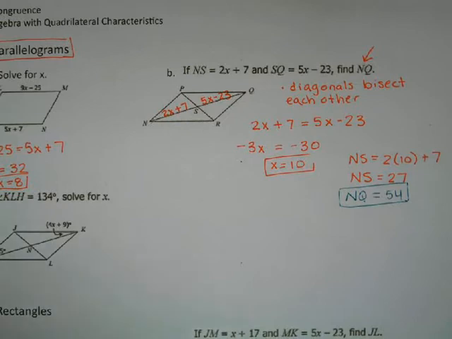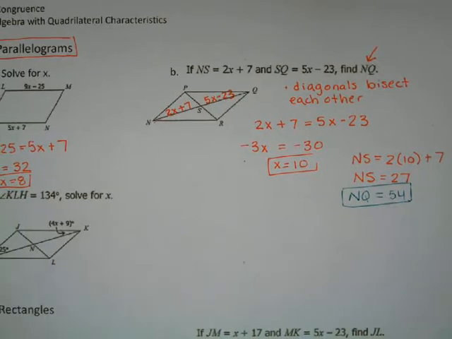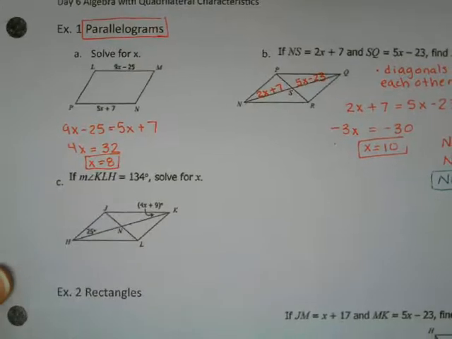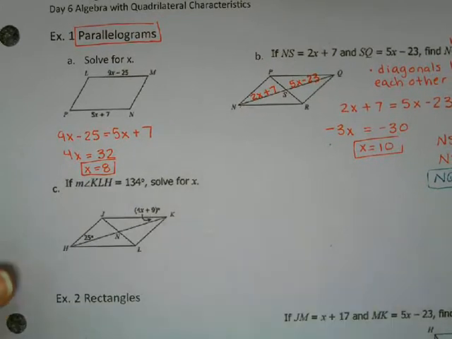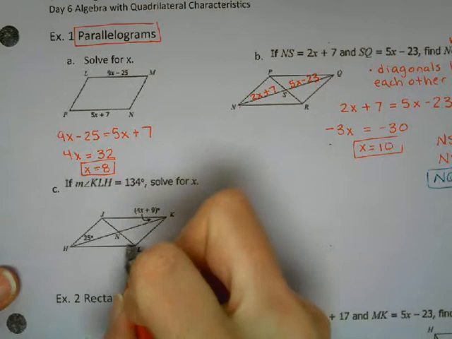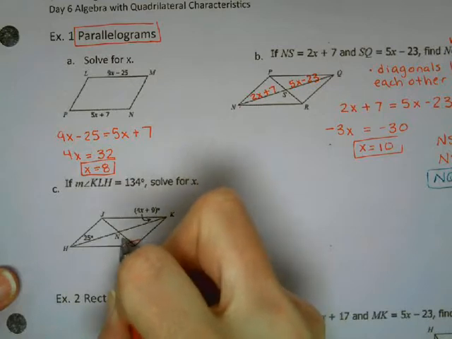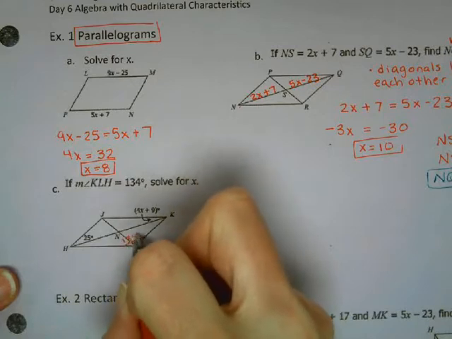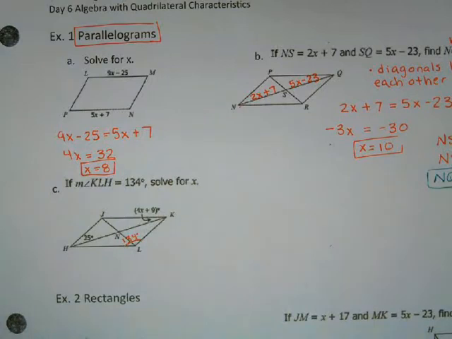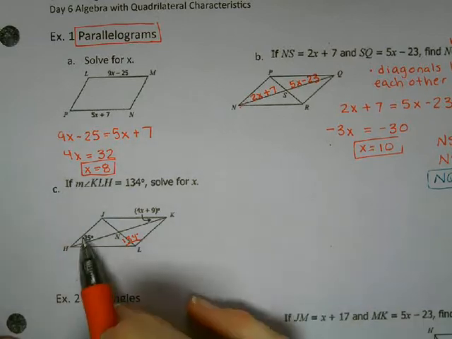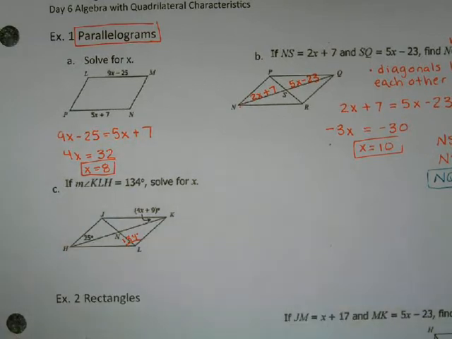Okay, so the next one, angle KLH, it says is 134. So KLH, this whole angle in this corner is 134. Alright, so we have to figure out how that is going to help me find x. Well, in a parallelogram, the angles aren't bisected, so this isn't 25 and 25.